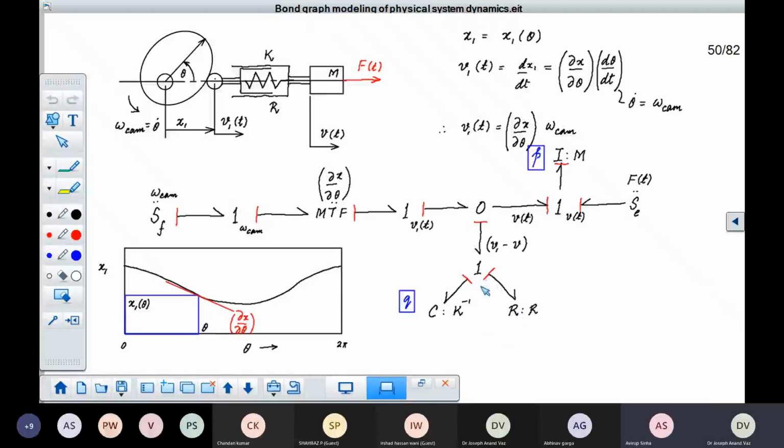It's available at this one junction, and it's common to both these elements, to the R and the K, the stiffness and the damping element. So that's shown over here. So this is the complete model for the system. You can simulate this model and see for yourself how it's going to behave.